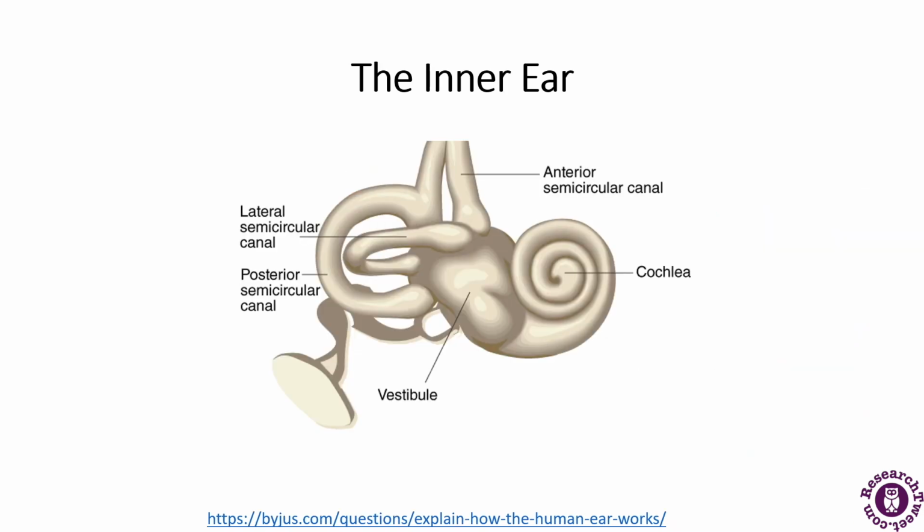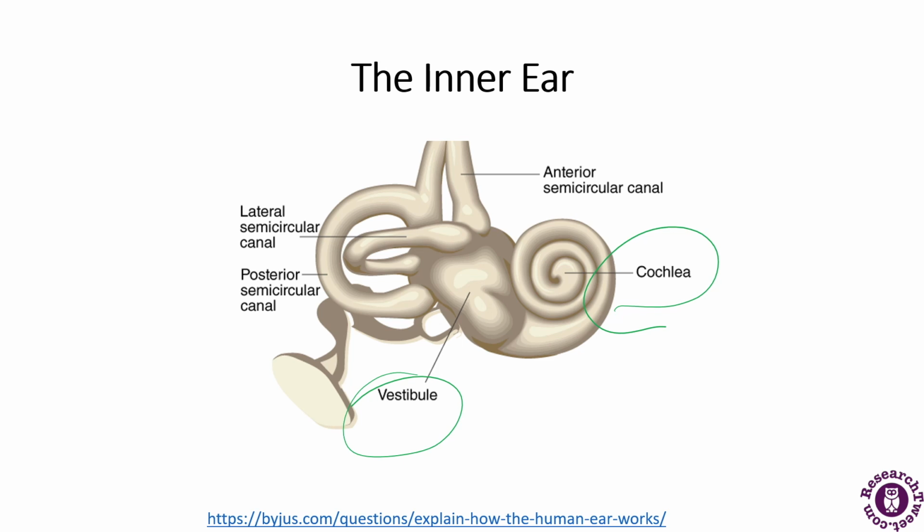Now the inner ear. The inner ear is the innermost part of the ear. It consists of the cochlea, the balance mechanism, the vestibular and the auditory nerve.